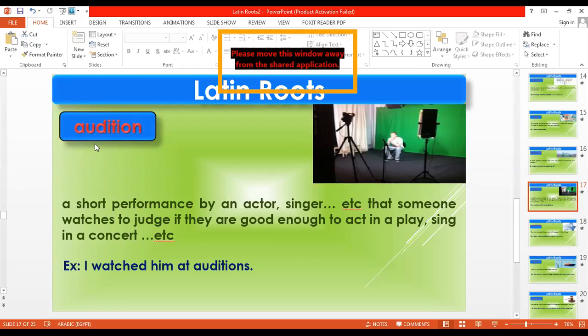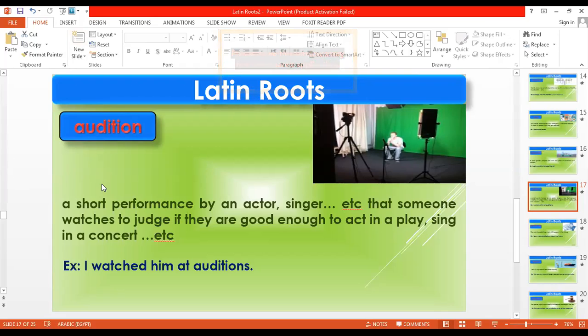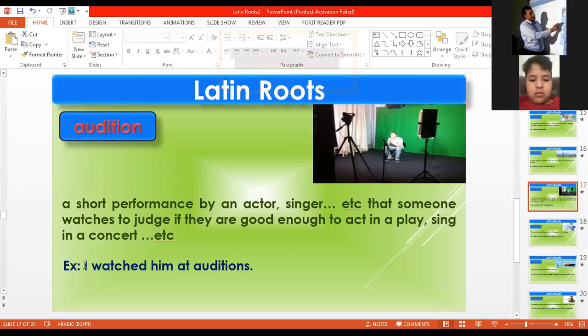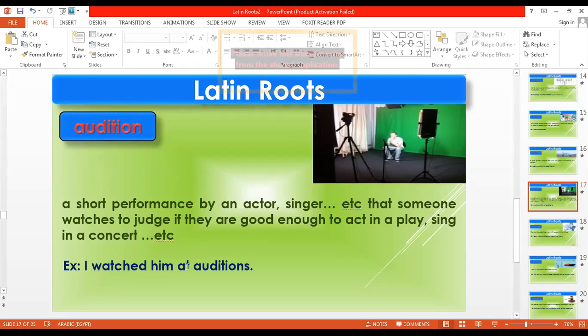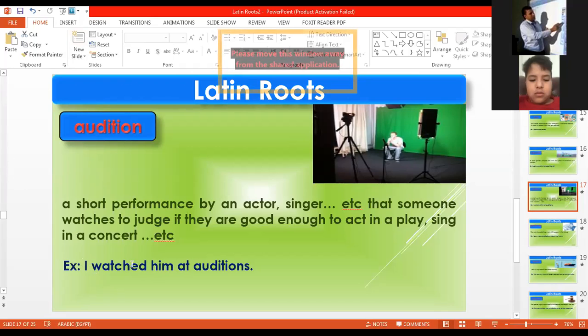It means some people will listen to you to see if you are good or not. It's like an exam, where you perform in front of some people or a committee to judge if you are good or not. So "I watched him at auditions" means I watched him while he was performing or singing.